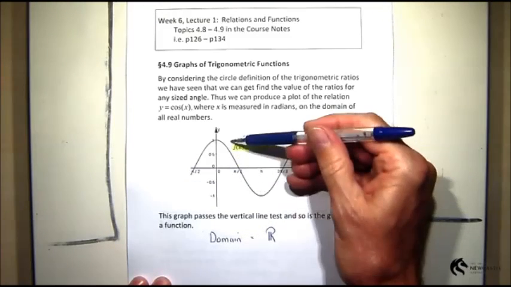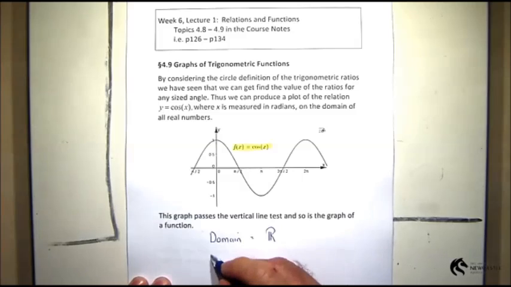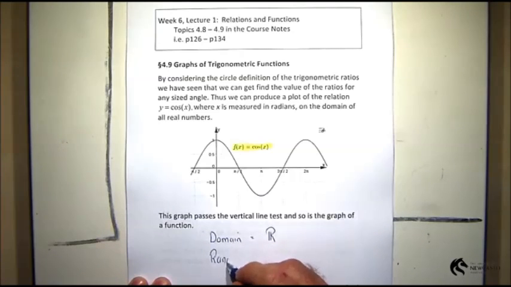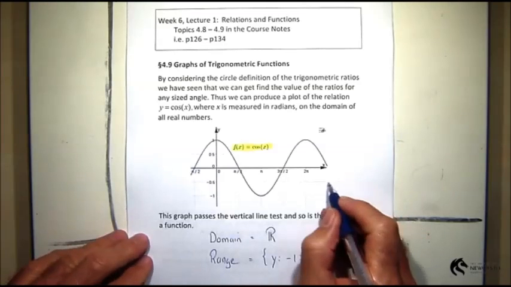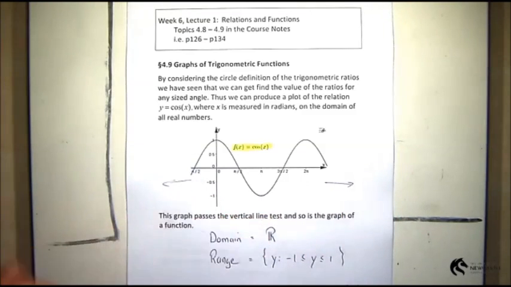I only get numbers between -1 and +1. So the range is the set of y values such that y is between -1 and 1. And hopefully you understood that this goes on indefinitely in both directions.